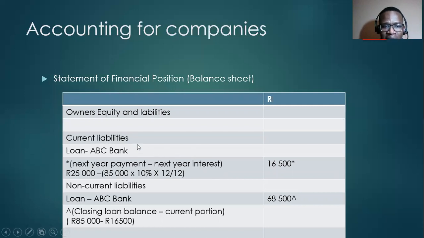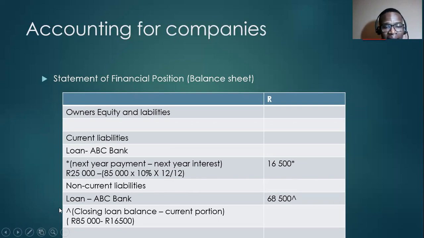So at this point in time, the current portion of the loan is going to be 25,000 minus the interest that is going to be incurred in the next year. So only 16,500 relates to the current portion of the loan, the principal amount of the loan, right?